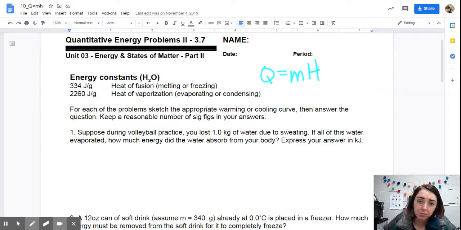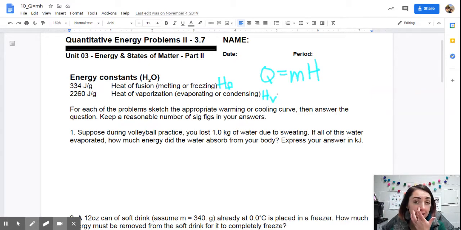If you remember from your lab, H is called heat of fusion or heat of vaporization. We will use the label H sub f for heat of fusion and H sub v for heat of vaporization. If you want to write that down, that's just to keep the two straight so we don't get confused.